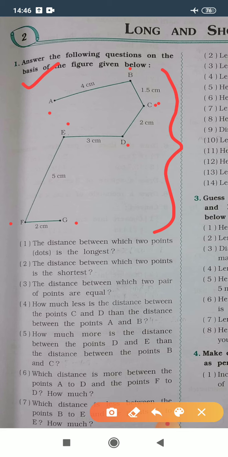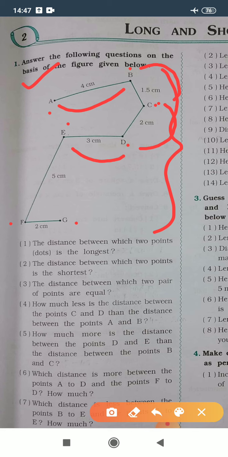Say for example, the distance between A and B is 4 centimeter. Distance between point B and C is 1.5 centimeter. The distance between point C and D is 2 centimeter. The distance between point D and E is 3 centimeter.